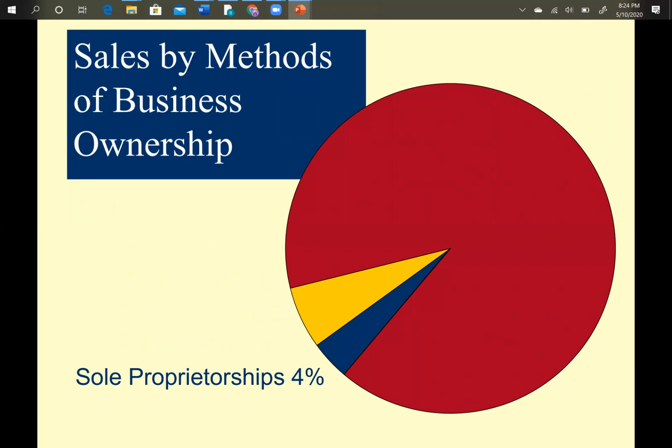If I were to break down sales based on the method or the different type of business organization and ownership, as of right now, the big names, again, corporations are going to make about 88%. If you're talking shoes, you're going to go through your Nikes, your New Balance, Reebok, Brooks, Asics, whatever it may be.